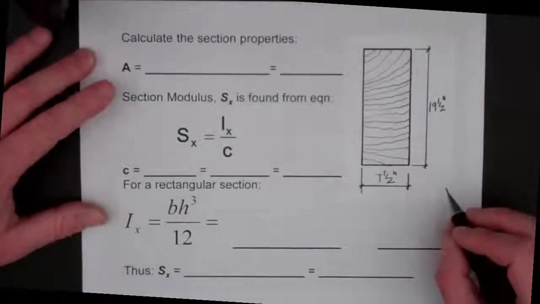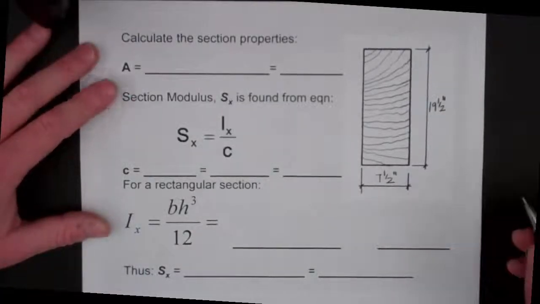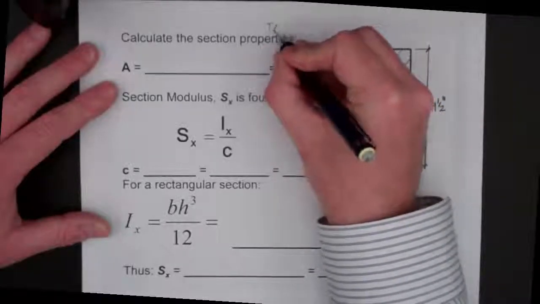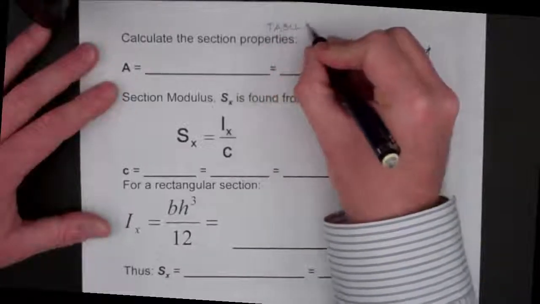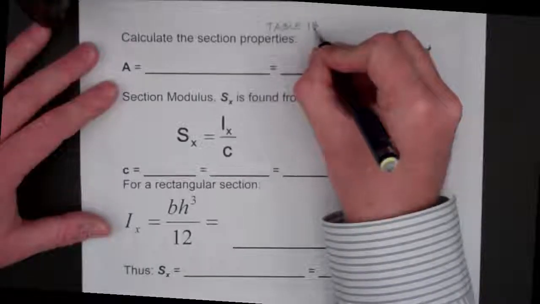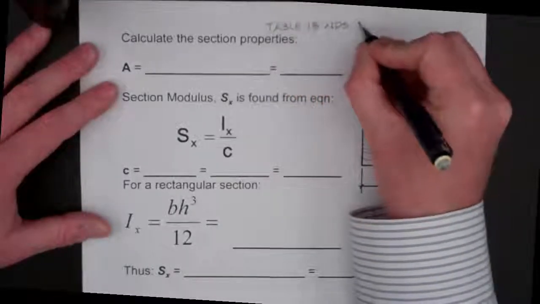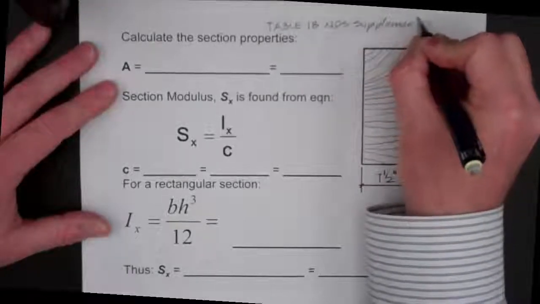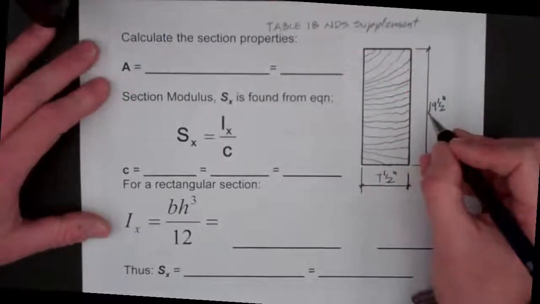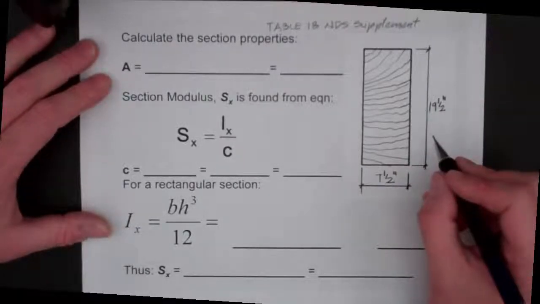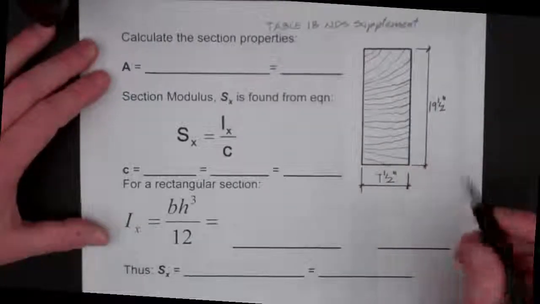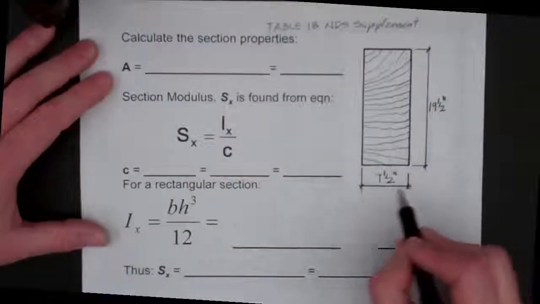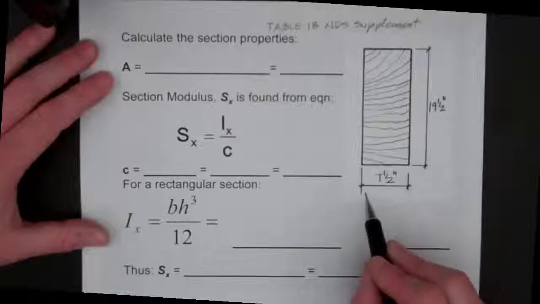Now we're going to calculate the section properties, and we are going to refer to Table 1B from the NDS Supplement, which contains the section properties for sawn wood. For glulams, we can look in Table 1C. We start by finding the area of the rectangle, so we'll take the base times the height.